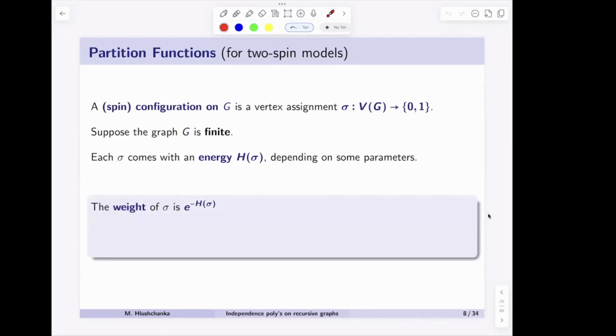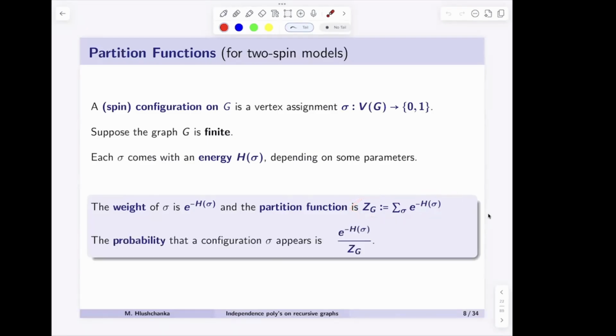Having this energy, we could define the weight of a configuration sigma, as is done in the thermodynamical formula: you just take the reciprocal of the exponent of the energy. Then you could look at the corresponding partition function, which is the sum of all the weights. The meaning of this is that the probability that a given configuration appears is just its normalized weight. You divide the weight by the total sum of the weights. So this is the probability that a given spin configuration appears when chosen randomly.